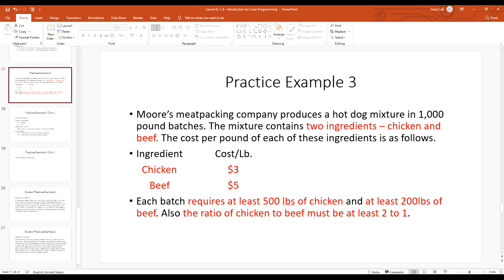If chicken must be 2 times more than beef, very simply, we make our ratio 2x1, which is 2 units of chicken, must be greater than or equal to x2, 1 unit of beef. So 2x1 must be greater than or equal to x2.